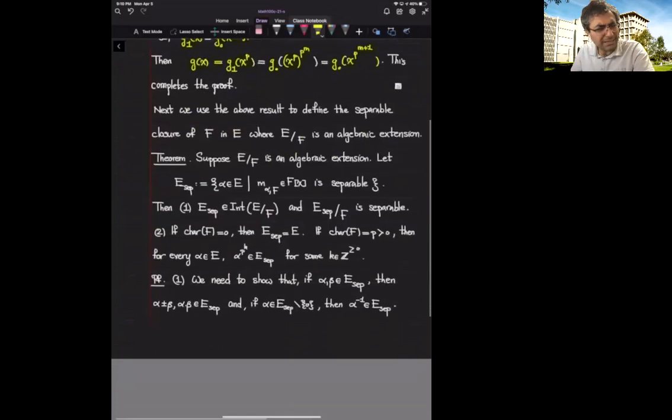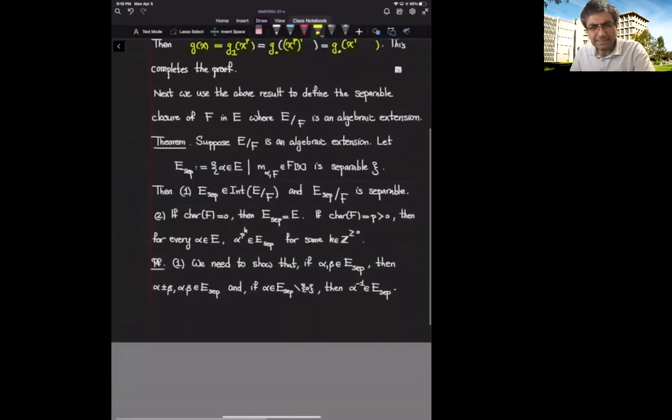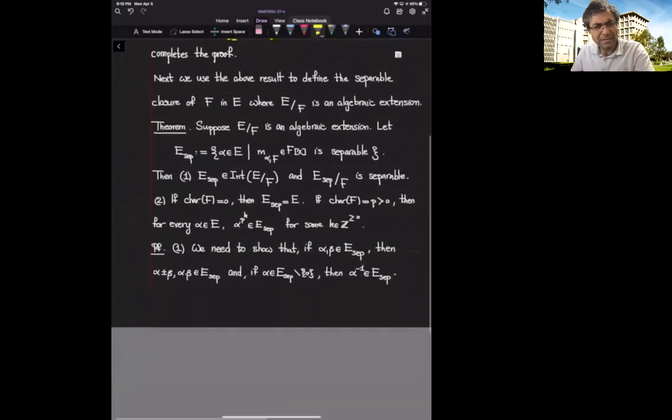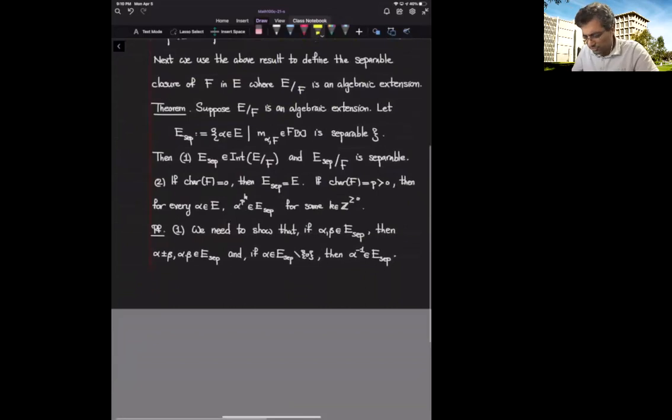Okay, let's see how this can help us to understand separable elements inside an algebraic extension. What do I mean by separable elements inside an algebraic extension? So suppose I give you an algebraic extension.